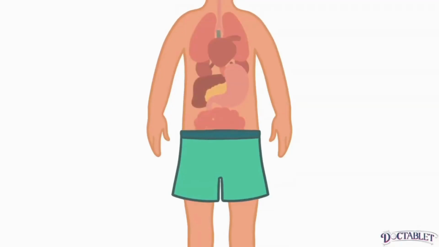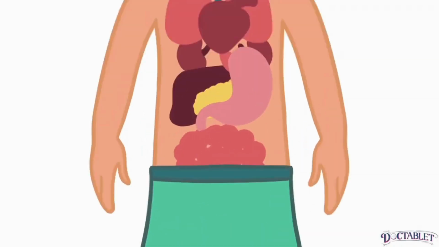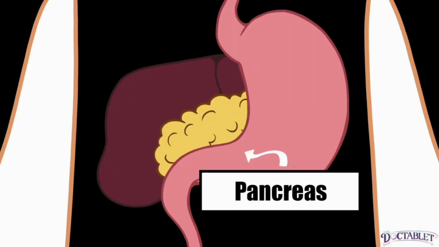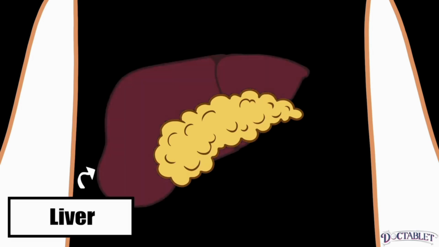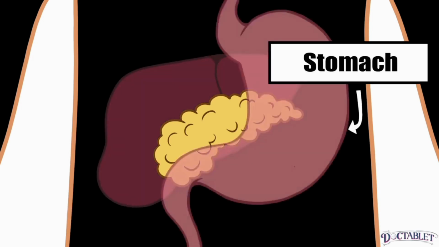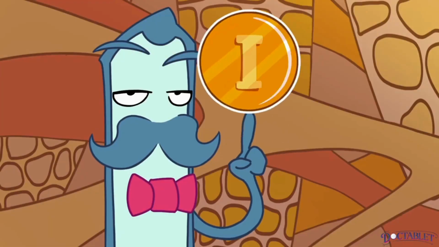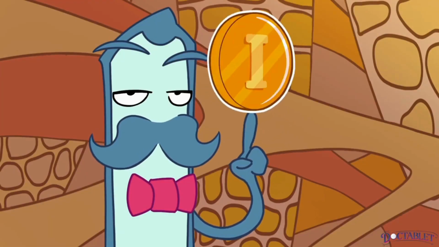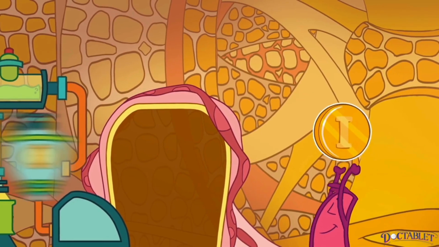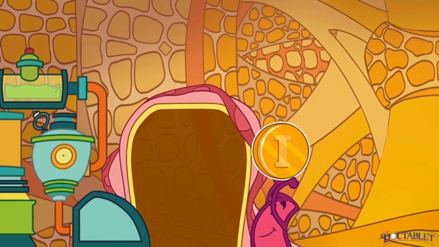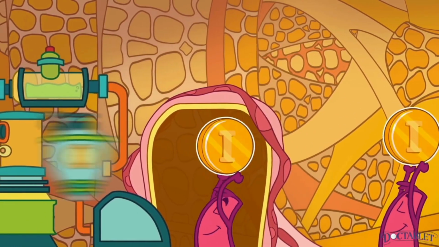Moving ahead, insulin is produced and secreted from the pancreas, a cone-shaped gland which is located across the back of the belly behind the stomach. As we know, insulin is made by specialized cells of the islets of Langerhans. Insulin is secreted in response to increased blood sugar levels.